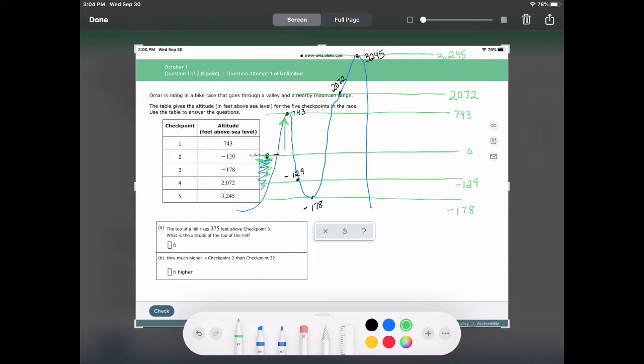So the first question says the top of a hill rises 375 feet above checkpoint 3. So not above sea level, but above checkpoint 3. Checkpoint 3 is negative 178. And so we want to see the altitude at the top of the hill.